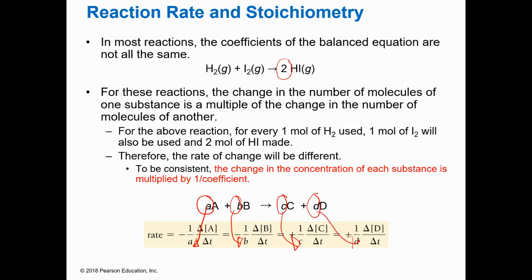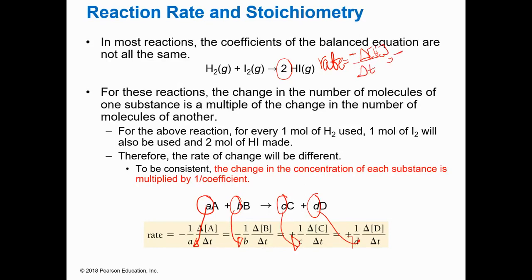Whatever D is or C, we don't know. So up here in the top one, our rate would equal negative, well, that one's just the change of H2 over the change in time.